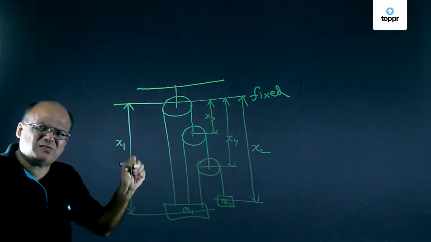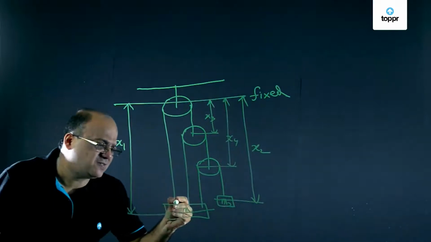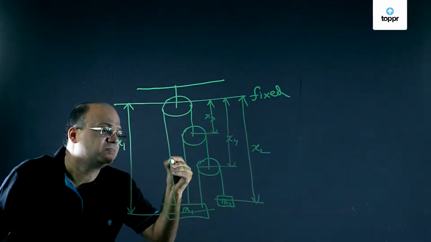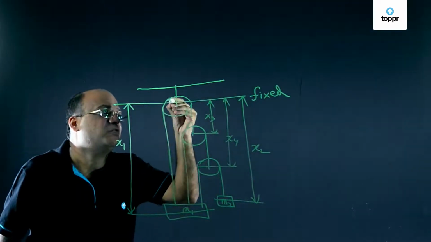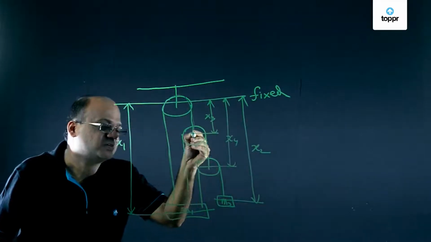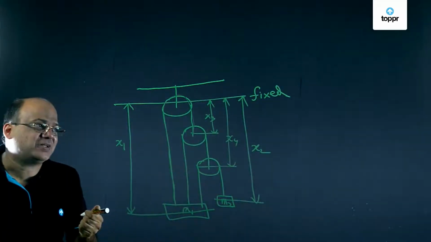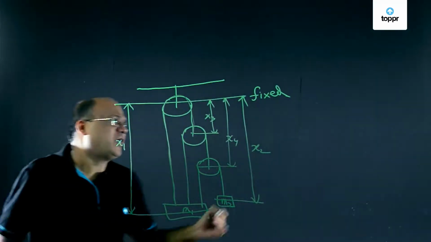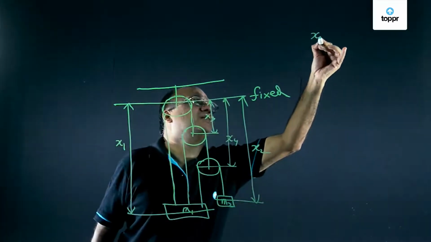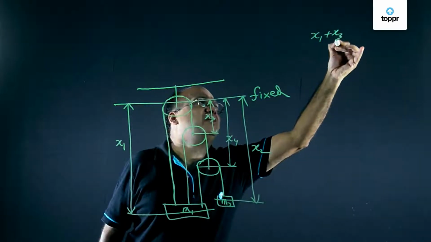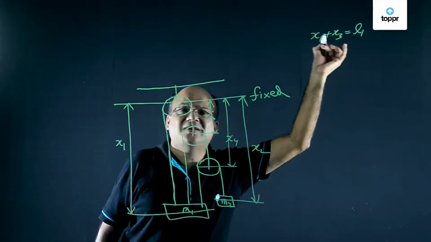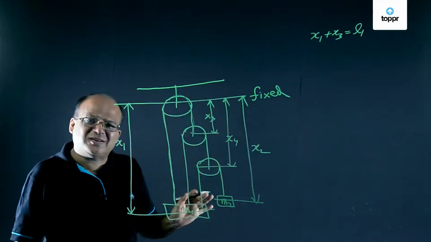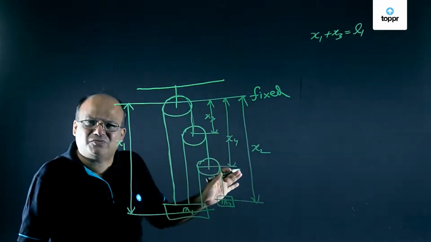Now look at the strings one by one. This is one string. As these masses move, the string length will remain constant. This side you have got x1. That side you have got x3. So x1 plus x3, which is the length of string 1, will remain constant as these masses move.